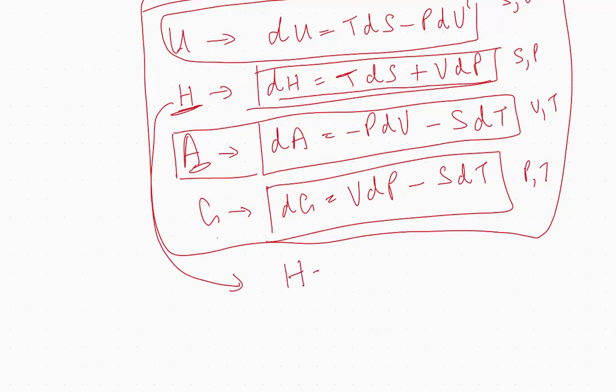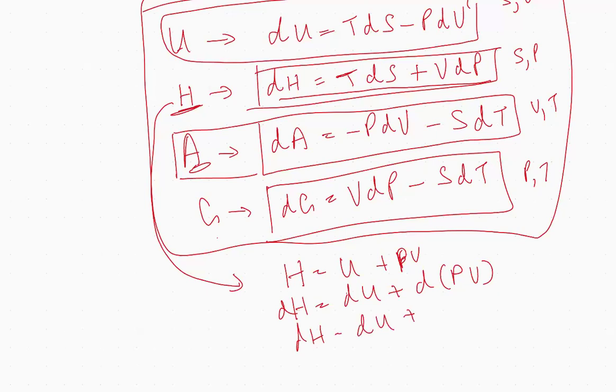So if I write this as the change in enthalpy, it is the change in internal energy plus the change in pressure times volume. We do partial differentiation, so we can say PdV. Just trying to show you how it's applied, right?